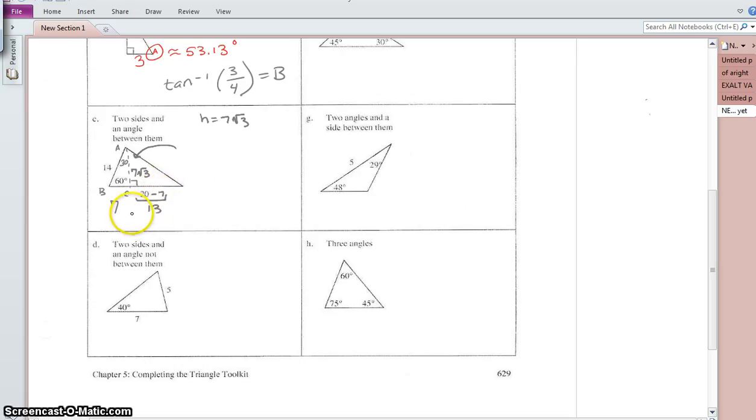So this distance here is now 13 because we've used 7 for BC. And we got 7 because we know that BC has to be half as long as AB because the 60, 30, 90 is a half equilateral triangle. So notice where the reflection would be here.